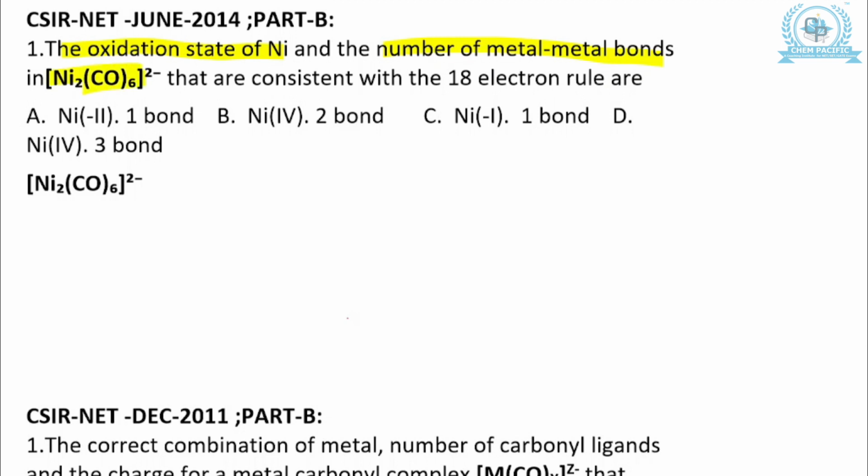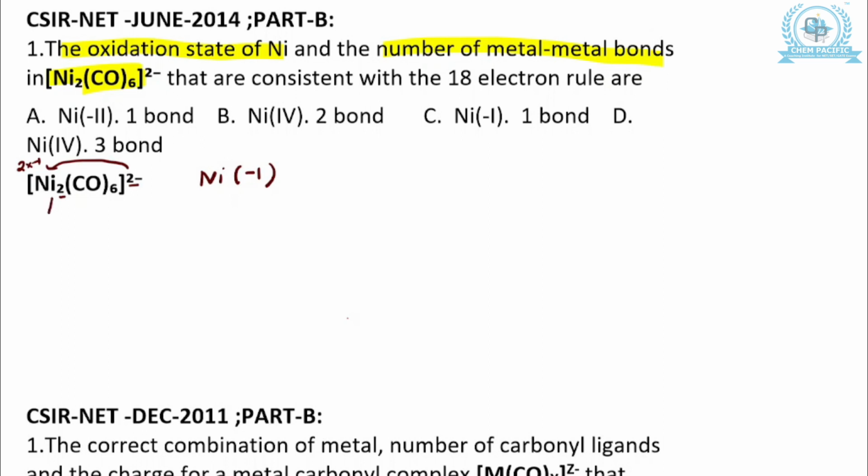Now see students, the oxidation state is very easy, because we know that carbonyl is a neutral ligand, and since it is a neutral ligand, the charge is residing on the metal. Since you have -2 charge for 2 metals, you have 2 into -1. Therefore the oxidation state of 1 nickel is -1. Very easy.